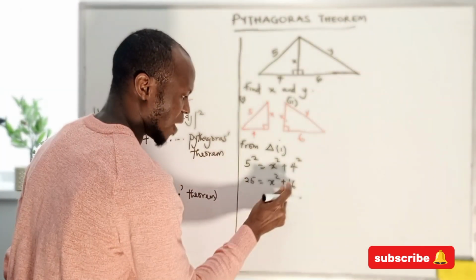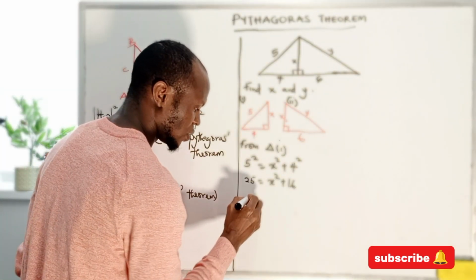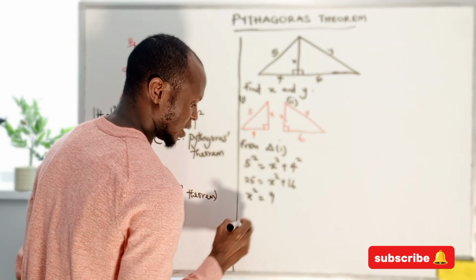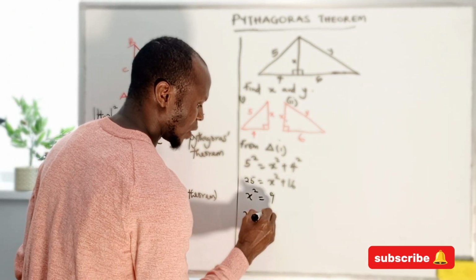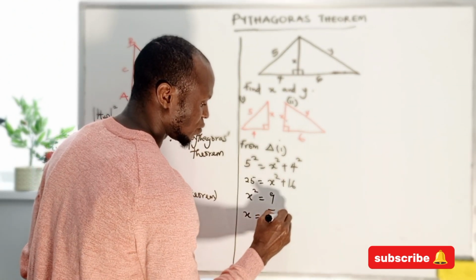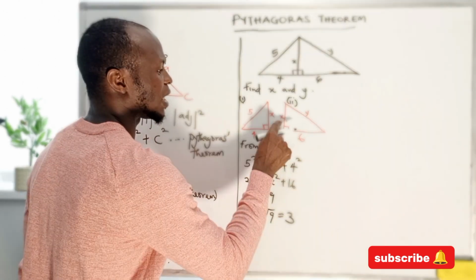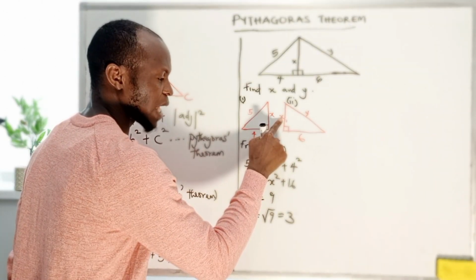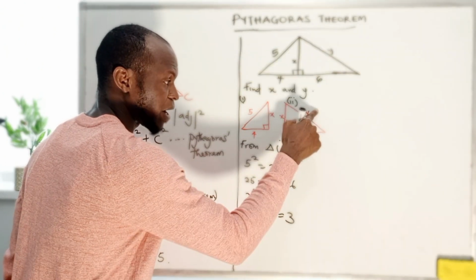If I bring 16 to this side, it becomes minus, so my x squared equals 9. My x is the square root of 9, which equals 3. So I know x to be 3, and I can now find my y.